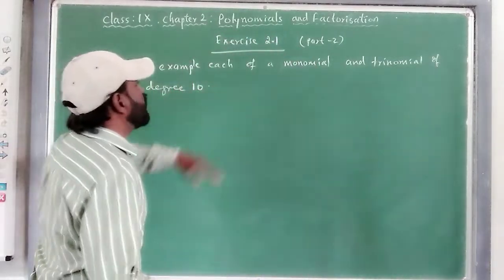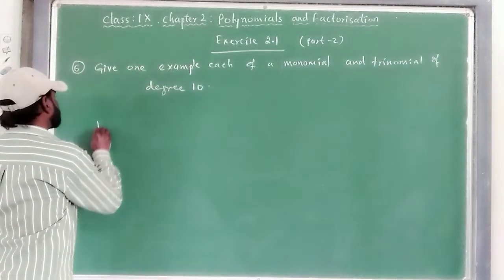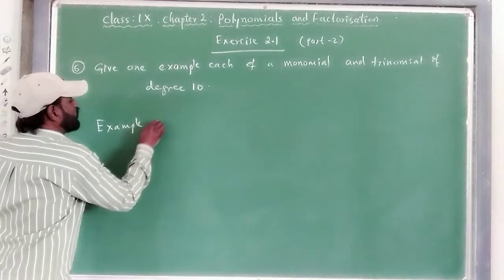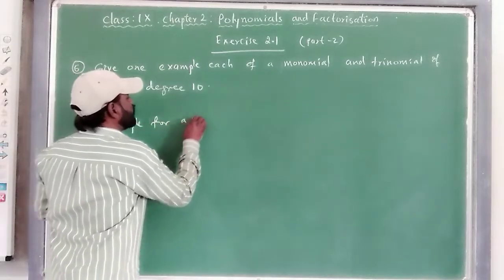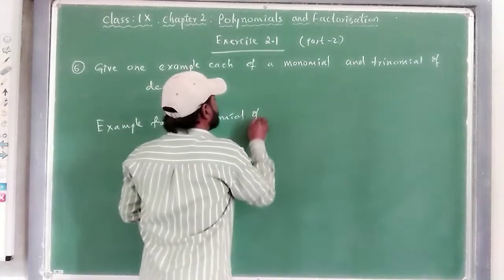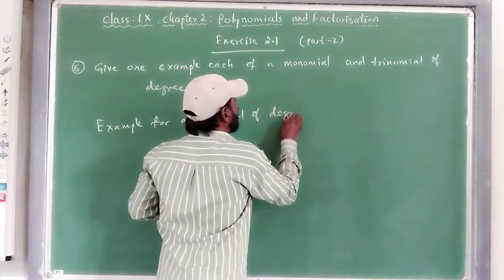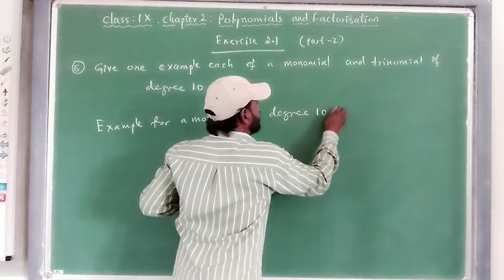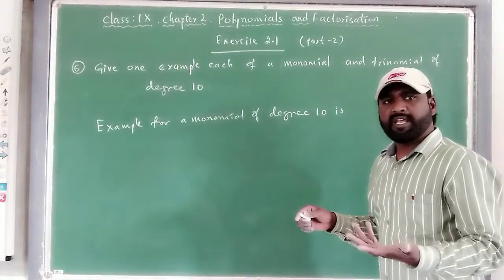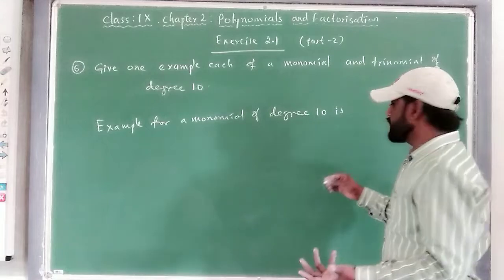So let us write the monomial of degree 10. Example for a monomial of degree 10 is, you can use any variable. I am using the variable x here.